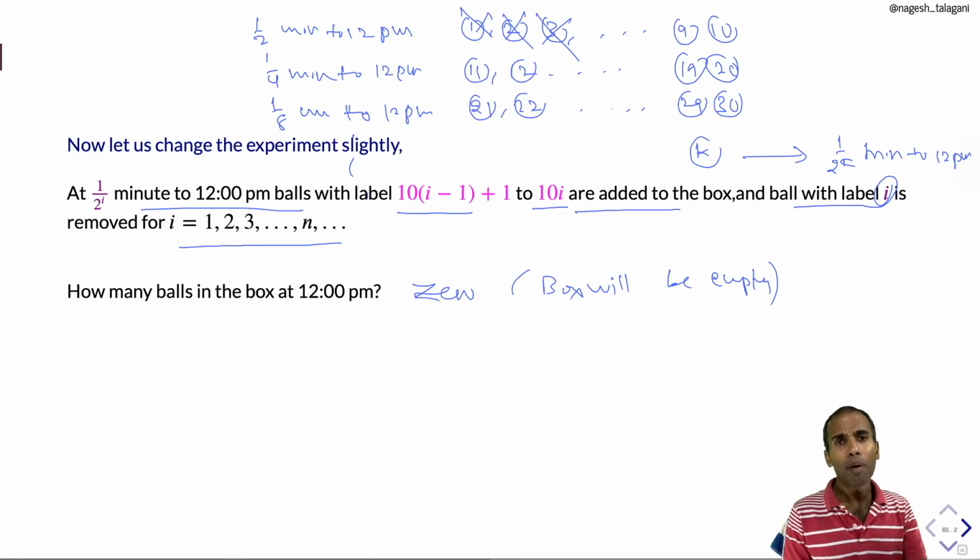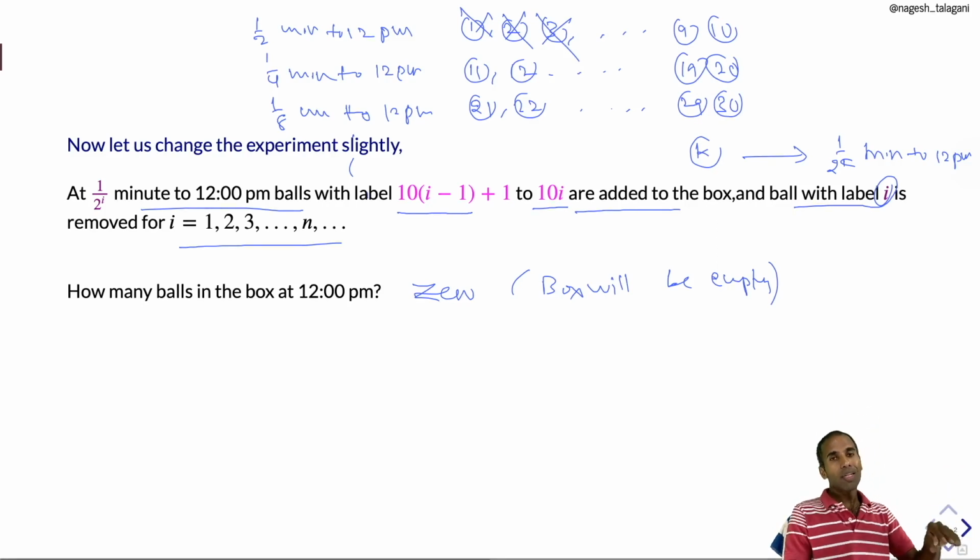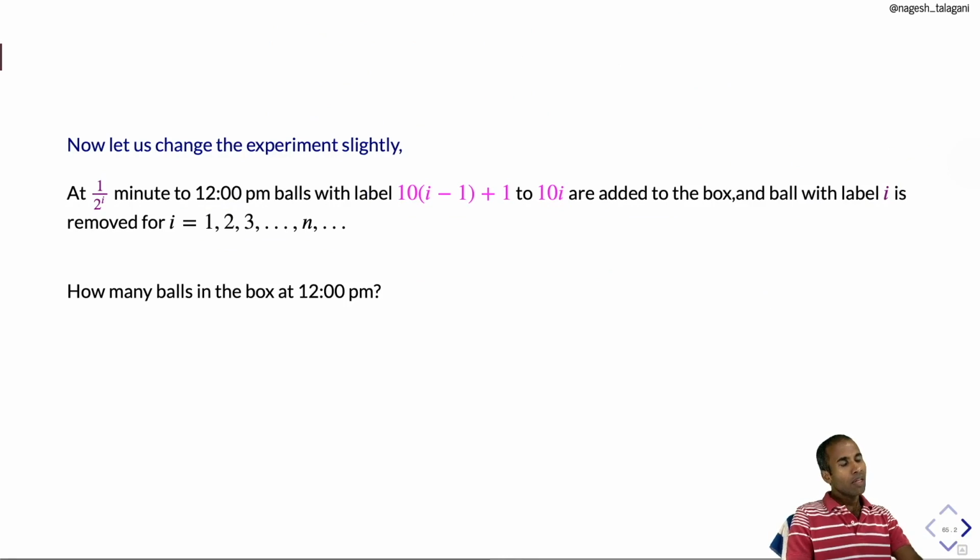So every ball gets removed at some point of time. So logically there will be no ball at 12 pm. This time the box will be empty at 12 pm. So the manner in which we remove the balls actually makes the difference, right?